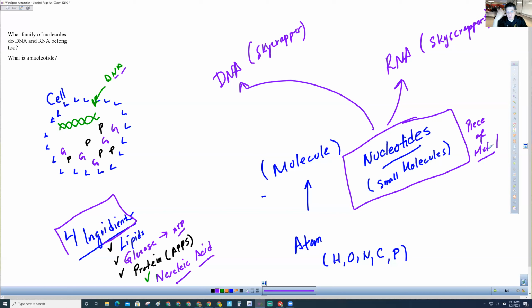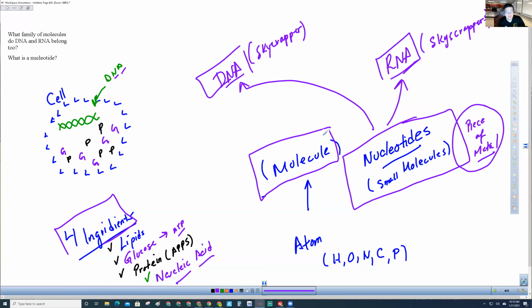See how you don't understand the relationship? Nucleotides are just a building block for these things. You can't build RNA or DNA if you don't have the building block, the nucleotide. So you guys got to understand that difference, that you need these molecules to build these two macromolecules. Okay, you understand? That's the idea that you guys need to understand.